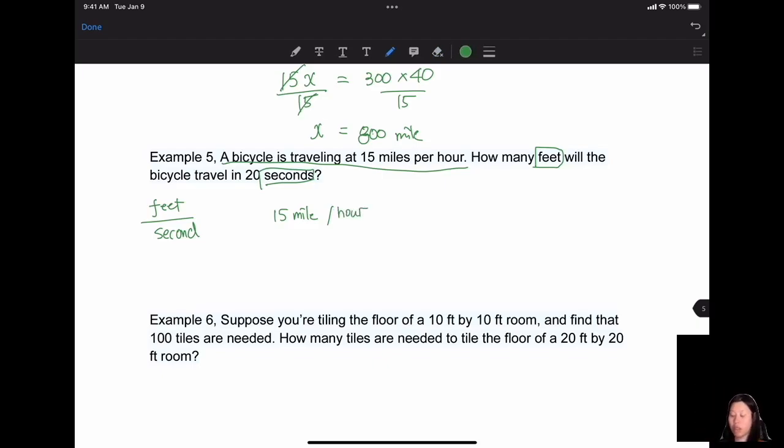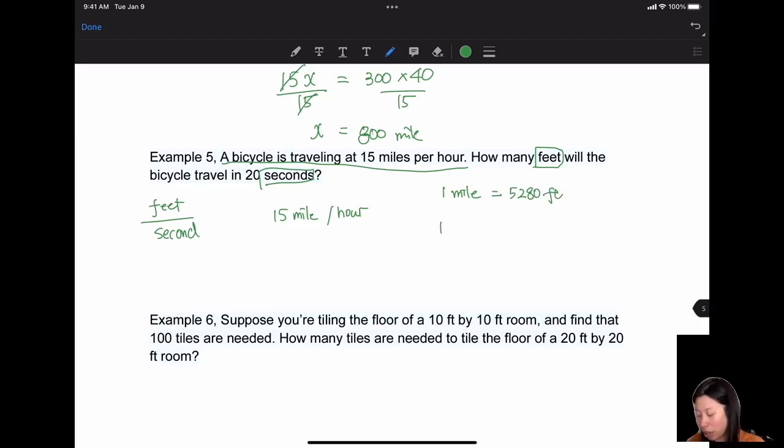So that means how many feet? From what we learned last video, last week, 1 mile is equal to how many feet? 1 mile is going to equal 5,280 feet.